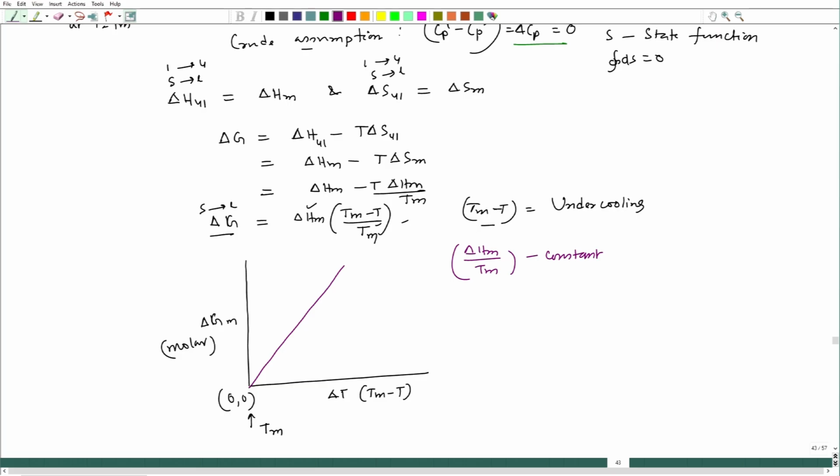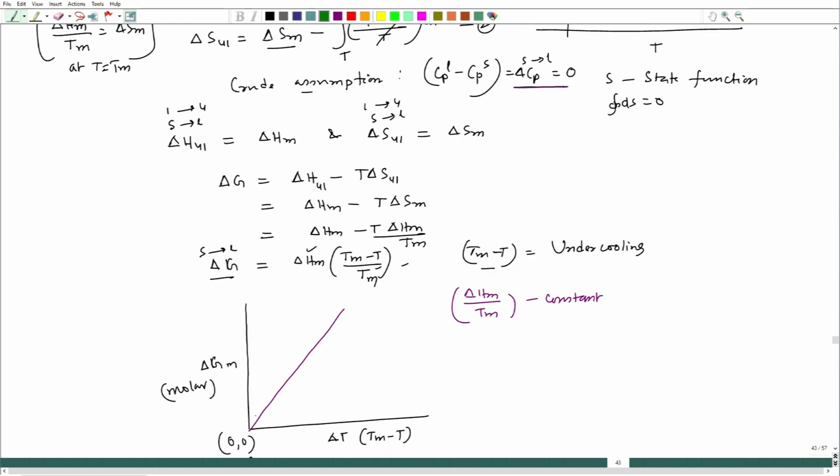Now if someone takes a realistic approach without considering this crude assumption, where Cp equal to Cpl equal to Cps, or we start with a situation where delta Cp solid to liquid is not 0, that time people have done calculations, which are a bit tricky, and one can find out the actual change in free energy change.